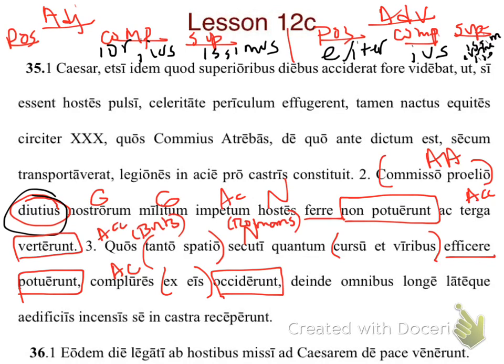Okay, so let's do this part. You could put the Romans in parentheses. That's what I would do. The Romans having pursued them. Okay, and then put the British in parentheses.